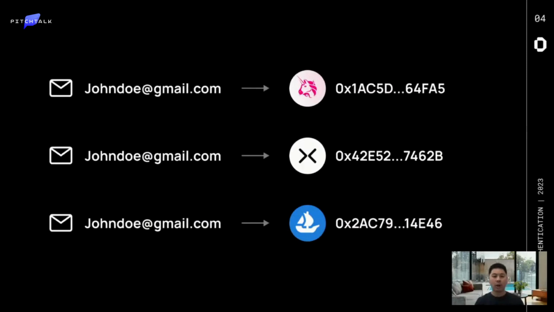Therefore, with dAuth Network, we propose a unified account system where users only need to use one social login email to access different dApps within different wallet factory systems. So imagine you have the same email address when you log into Uniswap or log into CyberConnect, you're getting the same address experience.